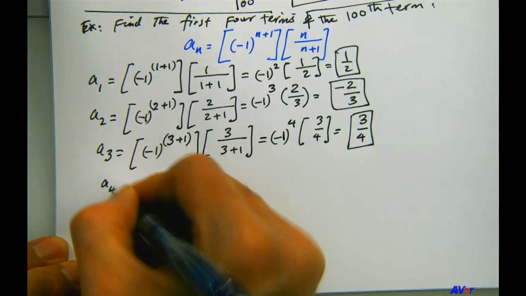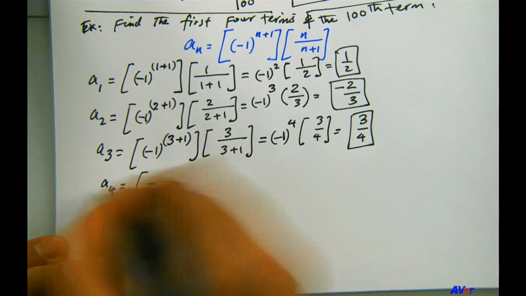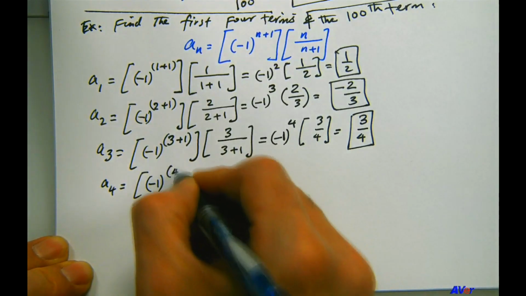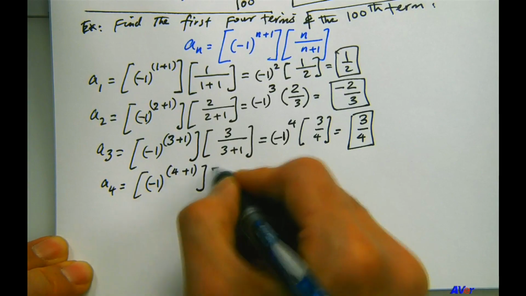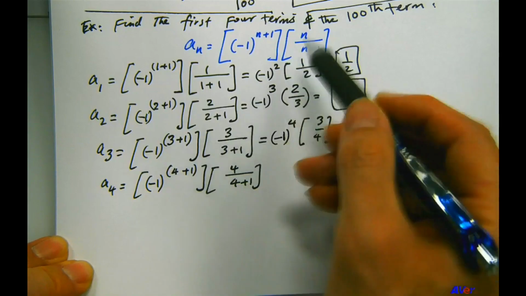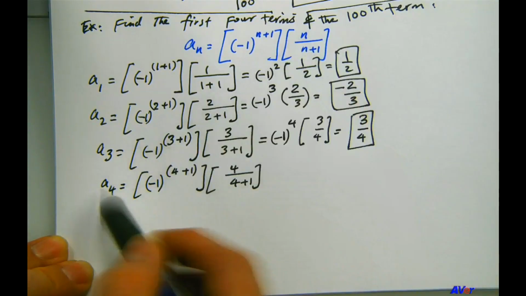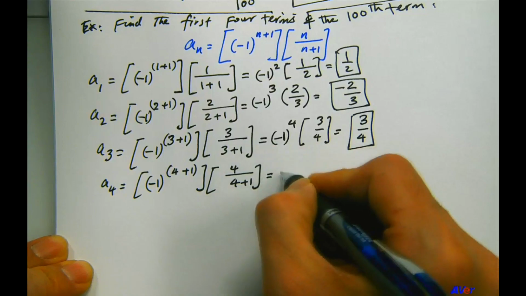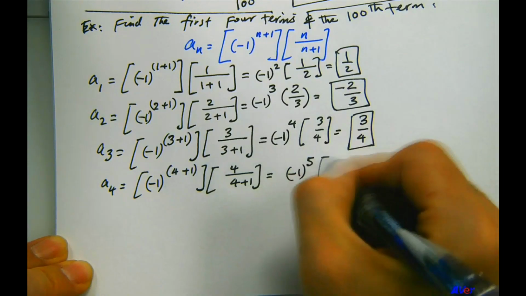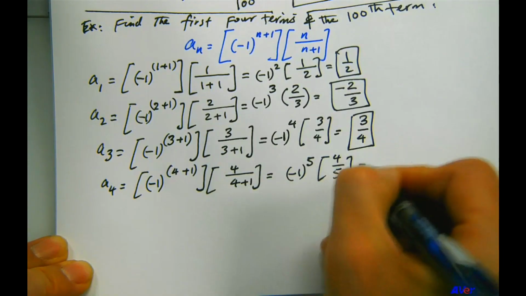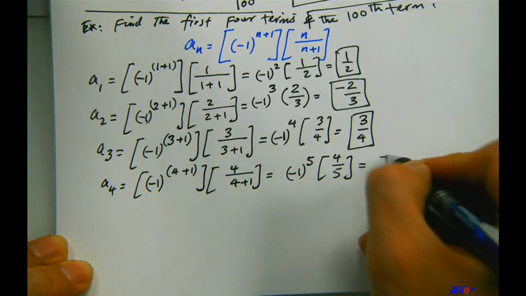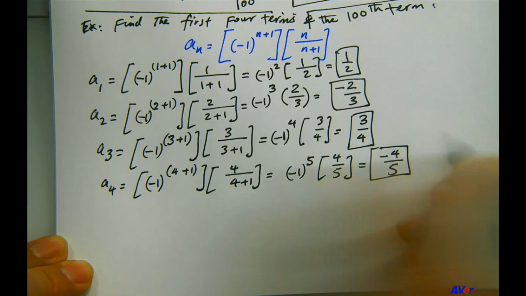A4, the fourth term in the sequence, is minus 1 to the 4 plus 1 power times 4 over 4 plus 1. Wherever we have n, I replaced it with 4. So minus 1 to the 5th power is just minus 1, times 4/5 is minus 4 over 5.